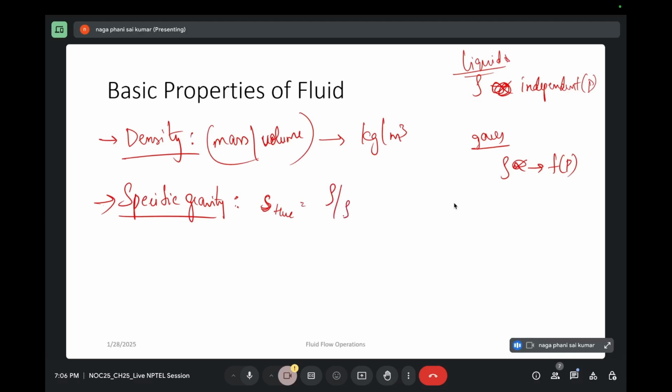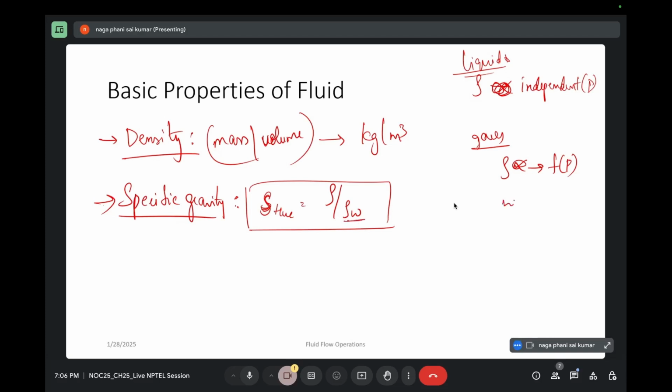I'll write the formula as well. This is specific gravity. Specific gravity is equal to density of liquid by density of water. So this is nothing but the ratio of density of a material to density of a reference material. In most of the cases, we'll be taking water as a reference material.